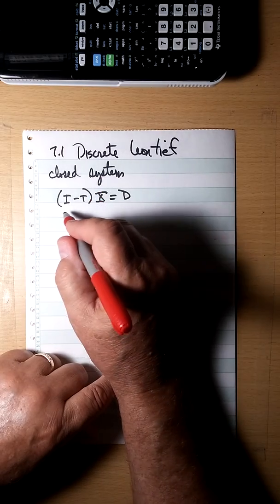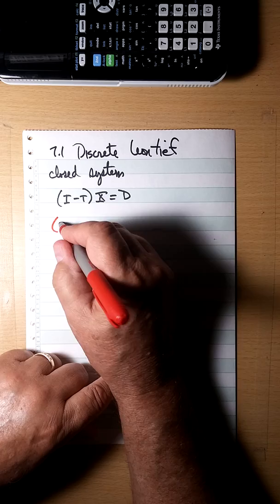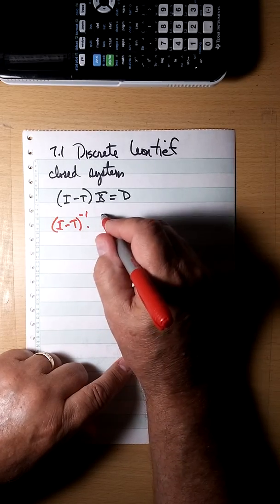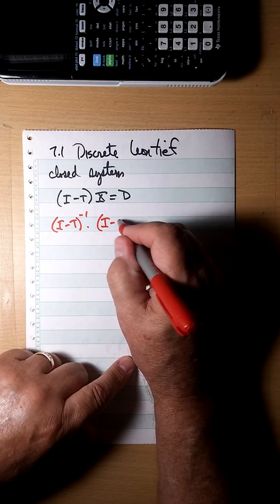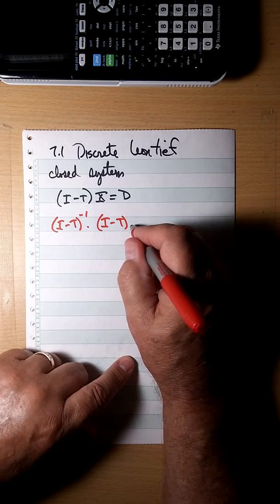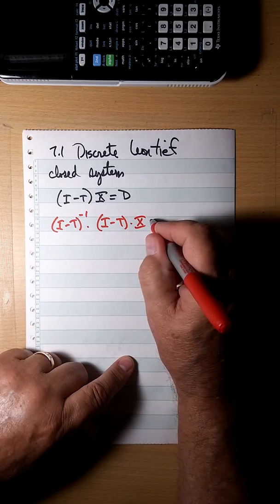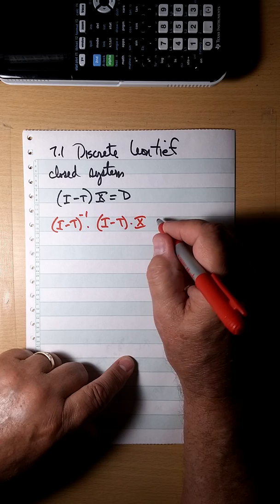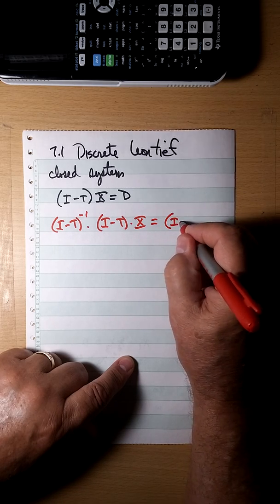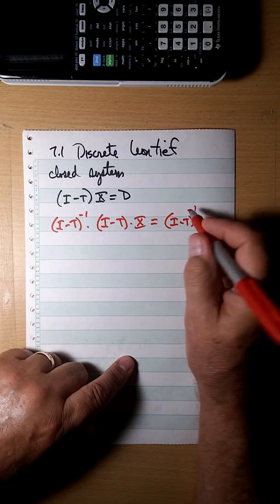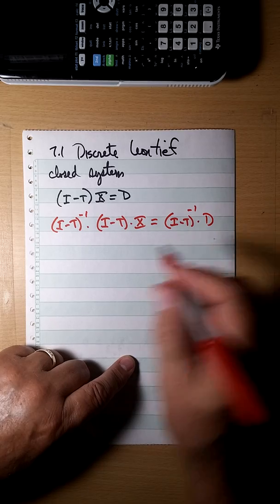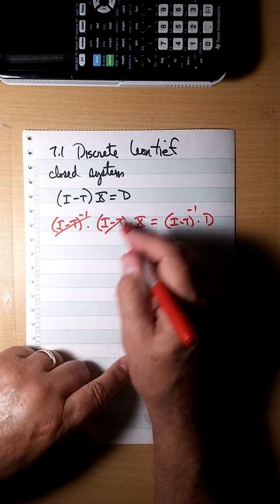We can say that if we take the inverse of this and multiply that by that I minus T matrix, and if we do that on the left, times that demand matrix, these will cancel.